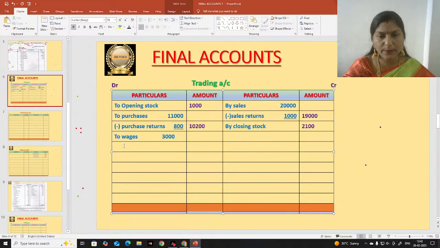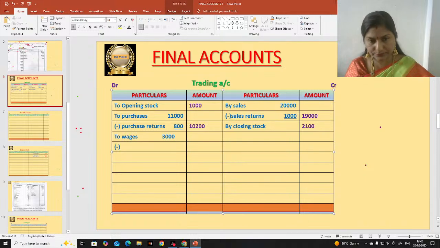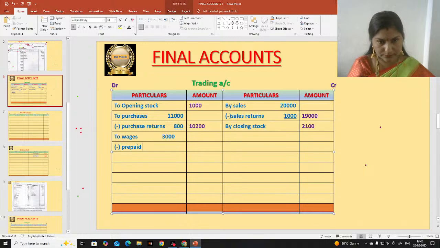3000 and prepaid wages. Prepaid always we have to deduct from the related item. Outstanding we should add. So prepaid we are going to deduct here, minus prepaid wages 500. If we deduct this 500, we will get 2500.